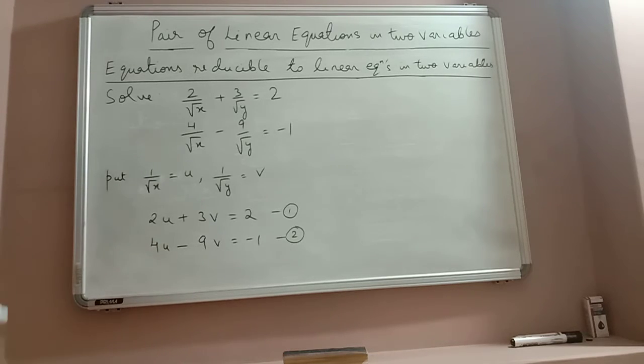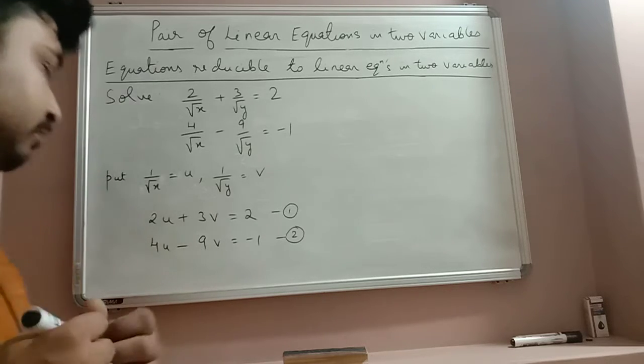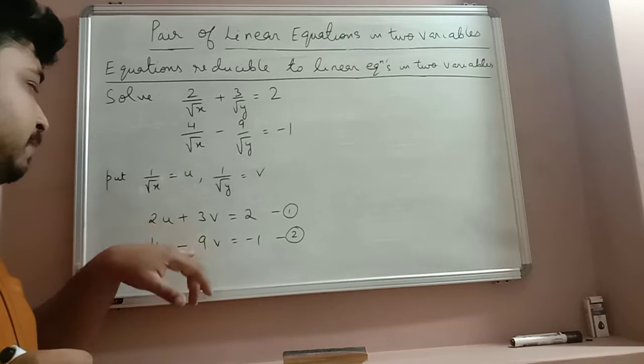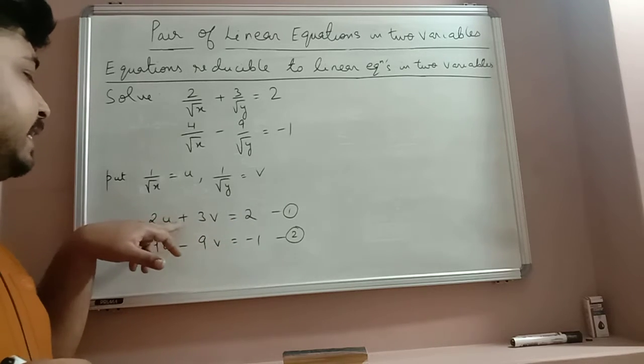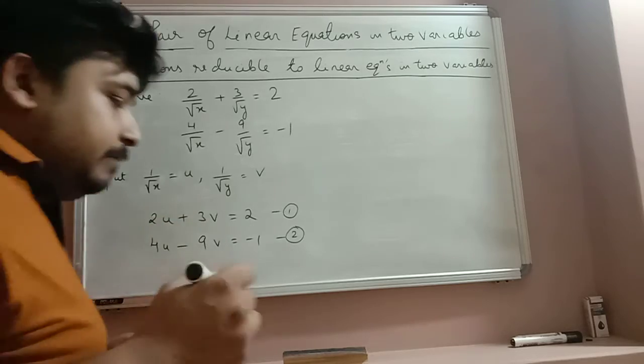Let me apply the elimination method to solve these two linear equations in two variables. For the elimination method, we will multiply the first equation by 4 and the second equation by 2. So let's multiply.